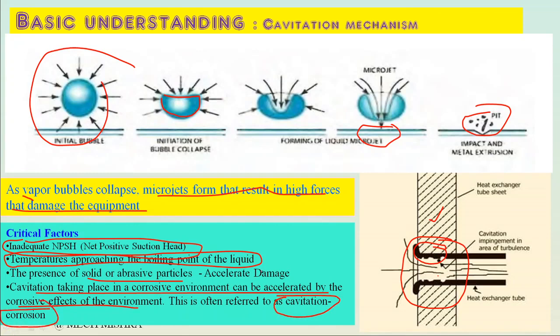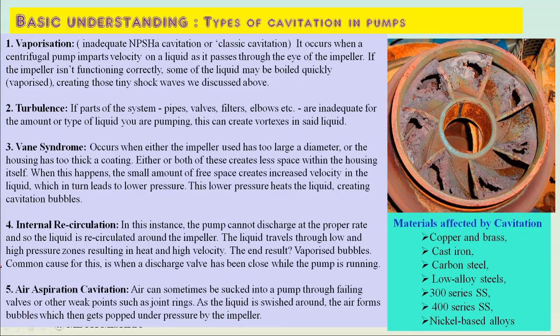Okay, right. So now we understood the basic mechanism. Now the types of cavitation. First is vaporization or inadequate NPSH. When there is vaporization of liquid in the pump, it will form bubbles.